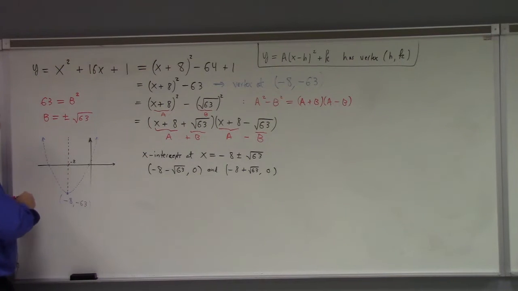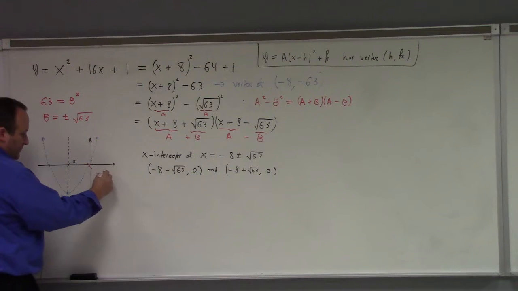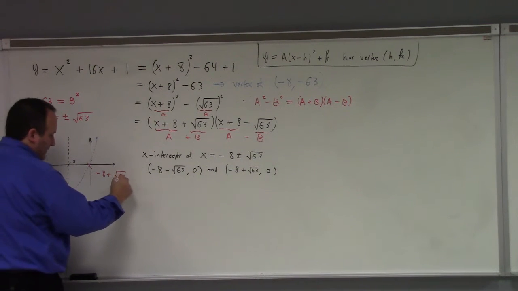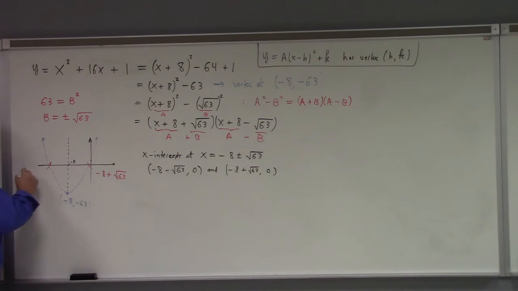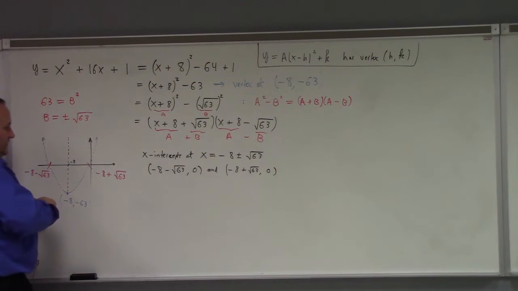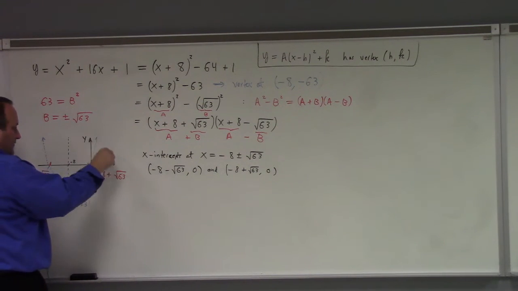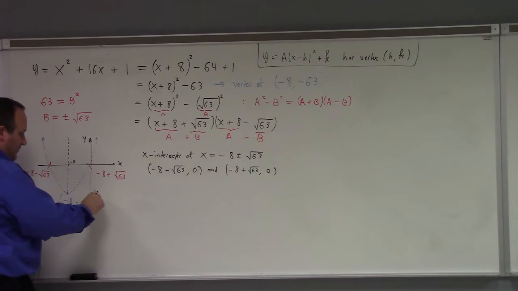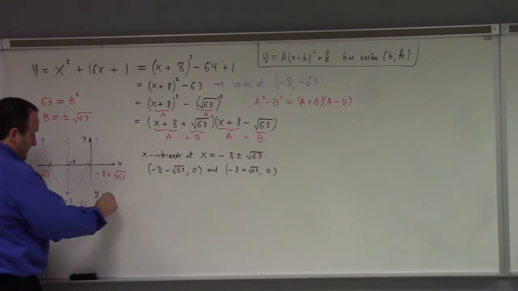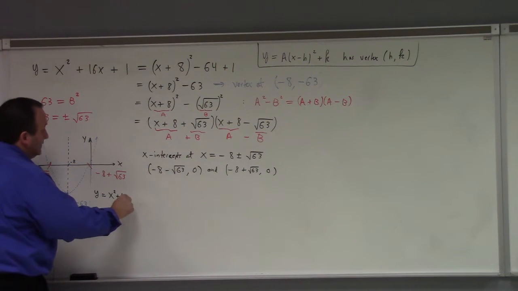My x-intercepts are minus 8 plus the square root of 63, and minus 8 minus the square root of 63. And I suppose I should label my axes. Here's y, here's x, and we're looking at y equals x squared plus 16x plus 1.